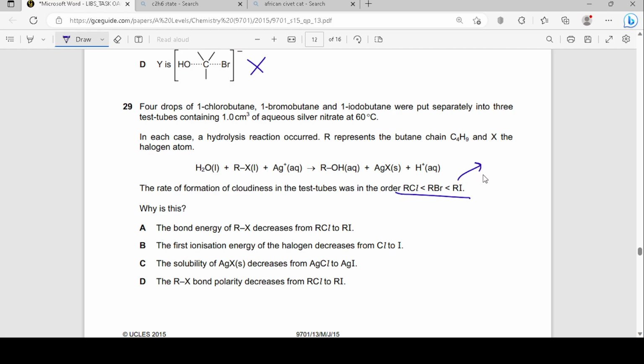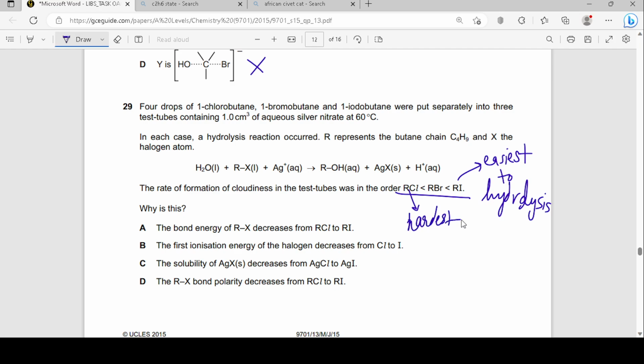So basically, RI was the easiest to hydrolyze, the greatest rate, the fastest, and RCl was the hardest to hydrolyze.